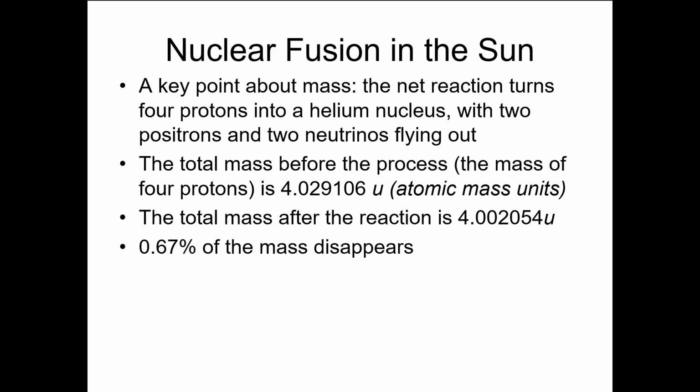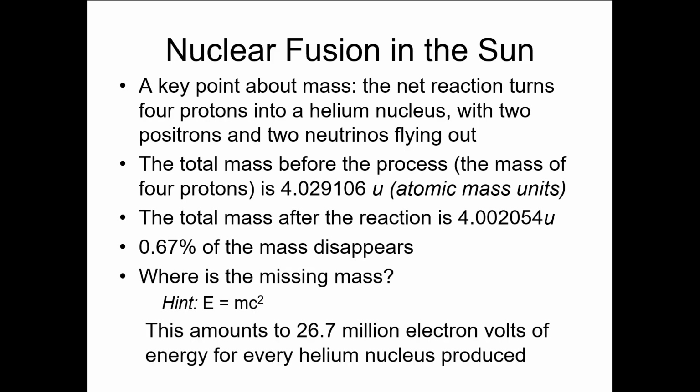And actually, 0.67% of the mass has disappeared. Where did it go? What happened to that? Well, here's the hint. E equals mc squared. That missing mass has turned into energy.